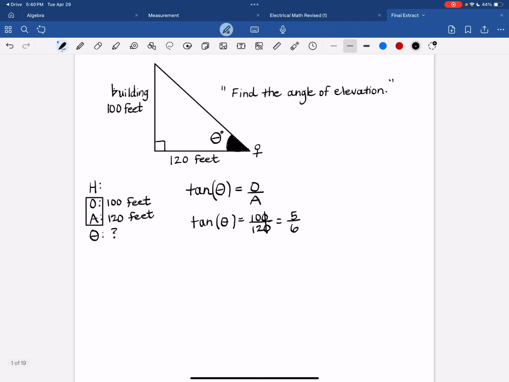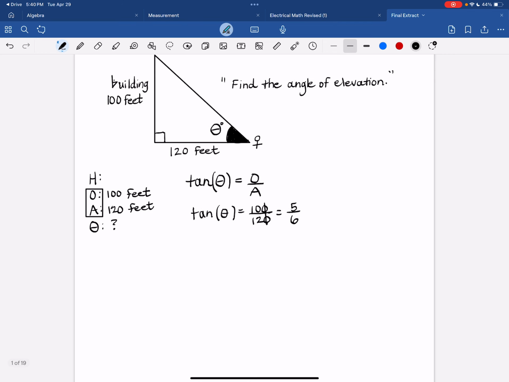But there is a function on your calculator that you would use. You use what's called arctan, or tan negative 1. On the Casio, it's right above tan. You would use the shift key. It's a second function. So we're going to use arctan to find theta. There's an arc cosine and an arc sine if you need those to find theta.